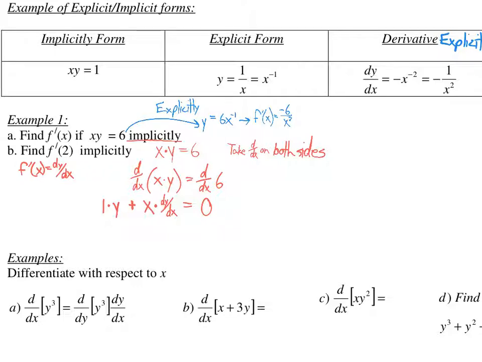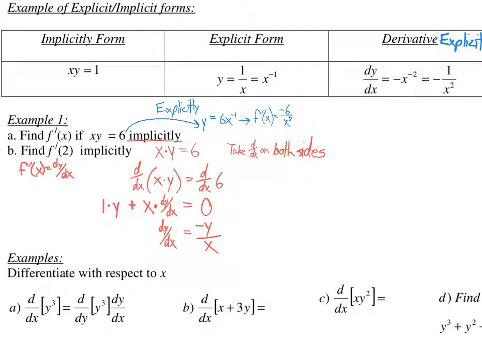So now I can use algebra to solve for dy/dx. So dy/dx is going to equal negative y over x. I subtract y from both sides, then I divide by x. So we have negative y over x.